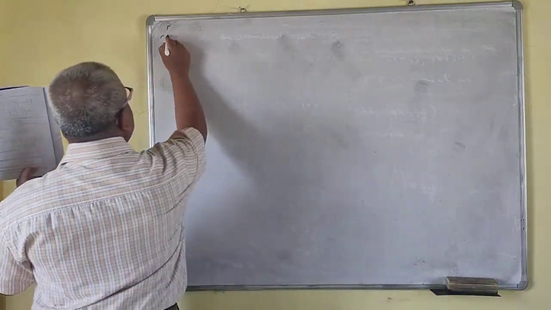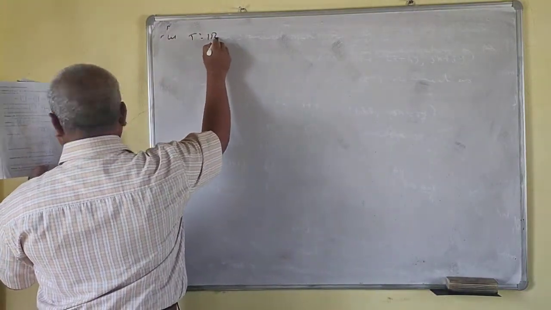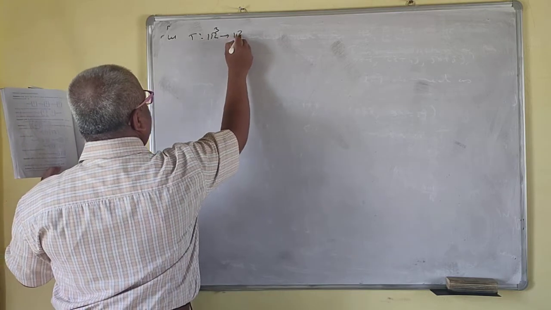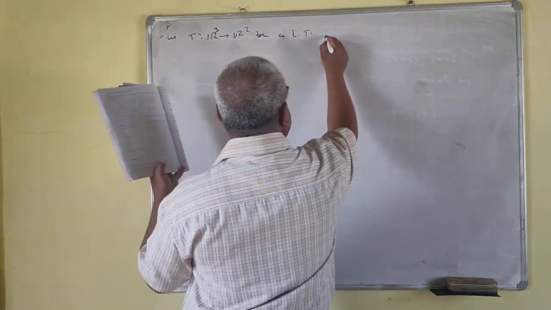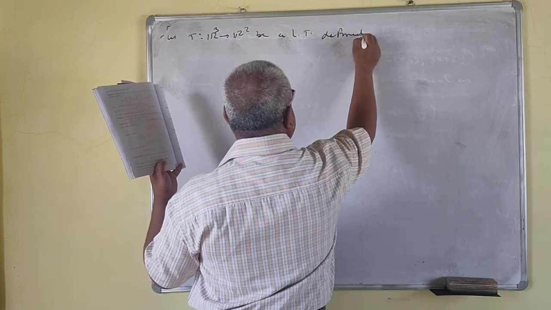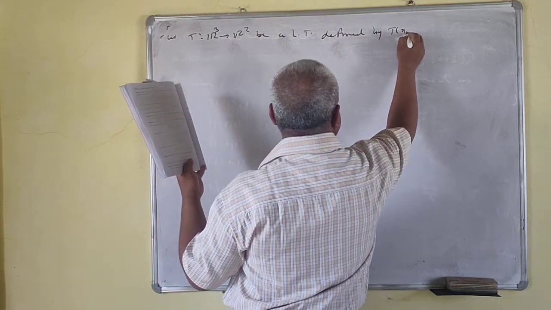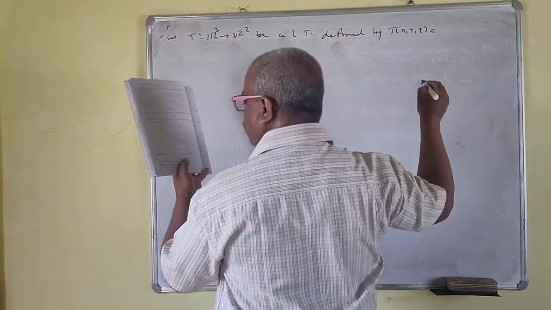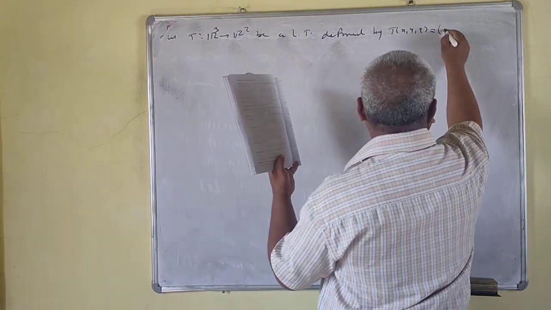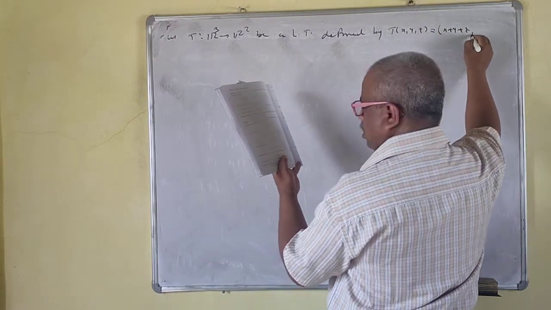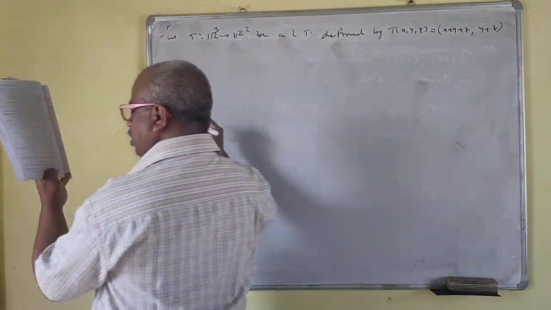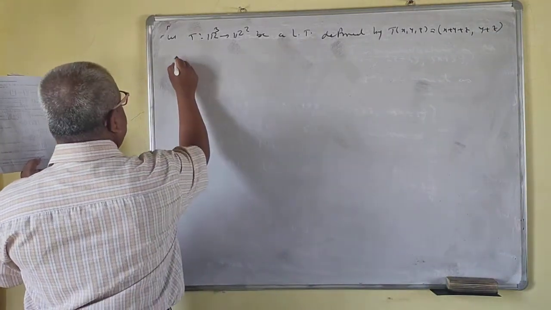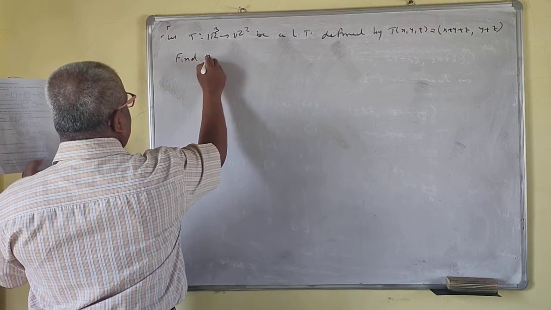Let T from R3 to R2 be a linear transformation defined by T(x, y, z) = (x + y + z, y + z).